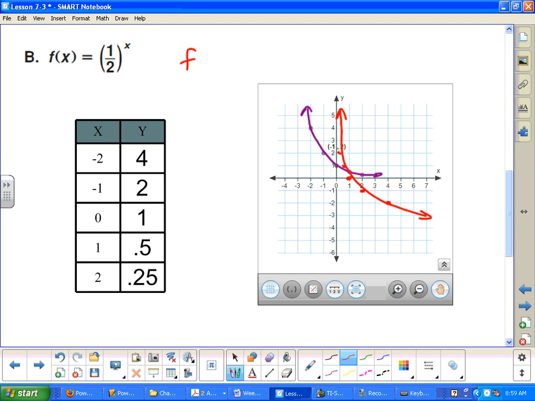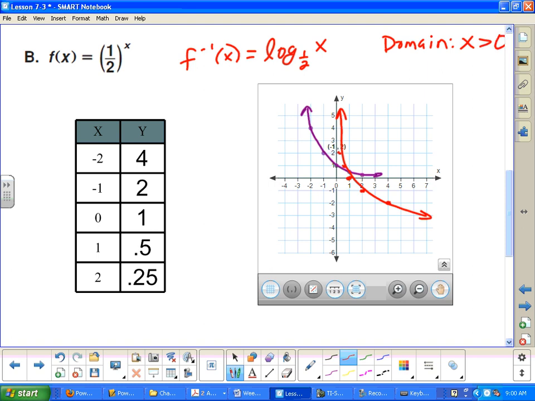And so then our inverse function in this case is going to be the log. And since the base here for the exponent is 1/2, this is log base 1/2 of x. And once again, the domain, x has to be greater than 0.